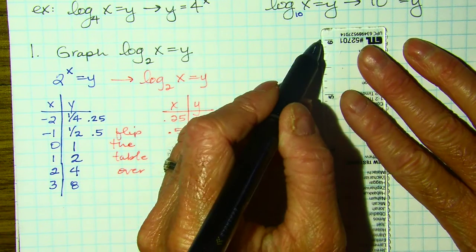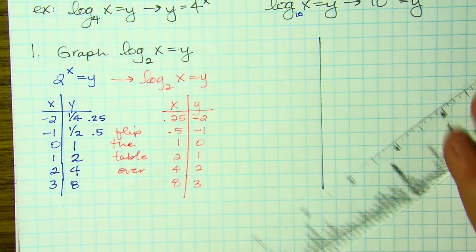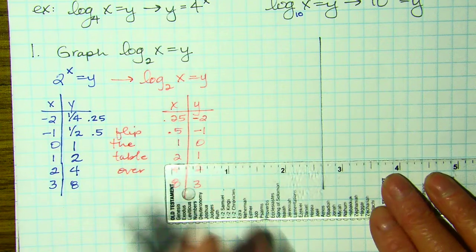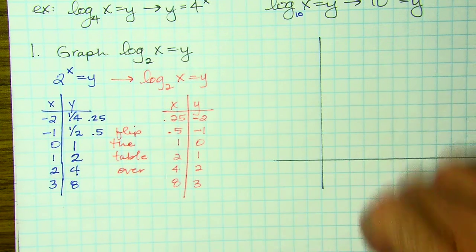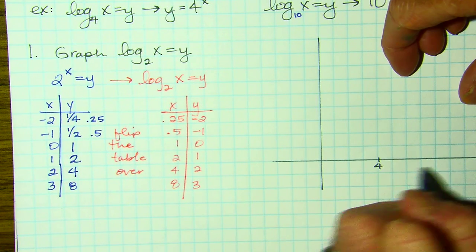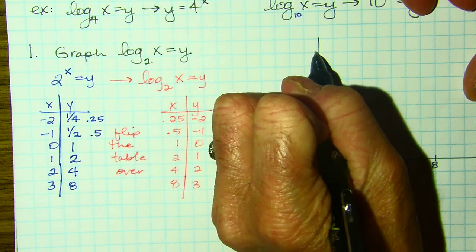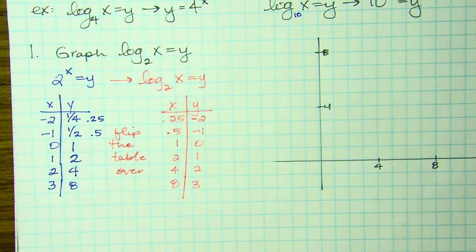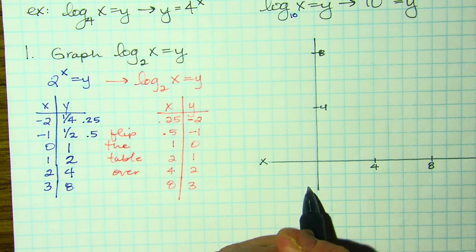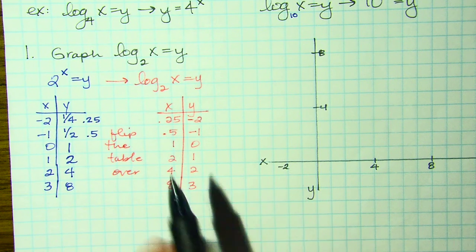I'm going to make sure I leave room for 8 on each axis. So this would be 4, 8, 4, 8. So here's x, here's y, here's -2.